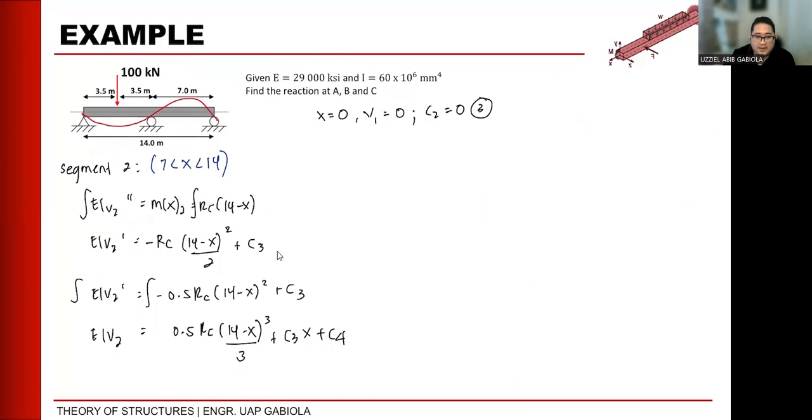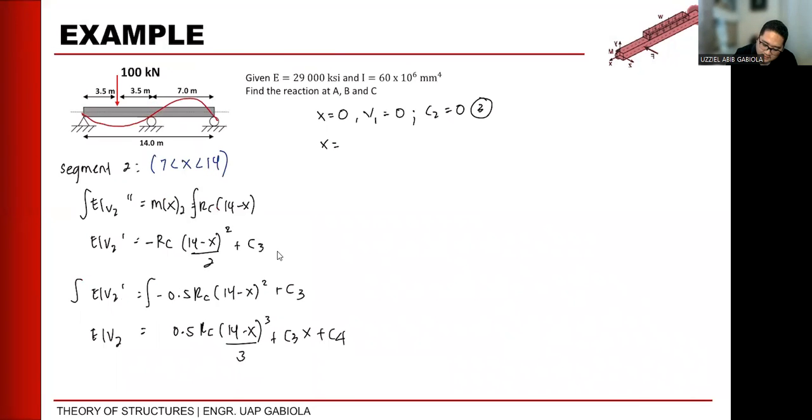Next, ano pang meron dun sa ano natin? Pag chinek natin tong location dito, our second location, ano yung meron dito? Meron tayong 0 din na deflection dito sa point B natin, no?